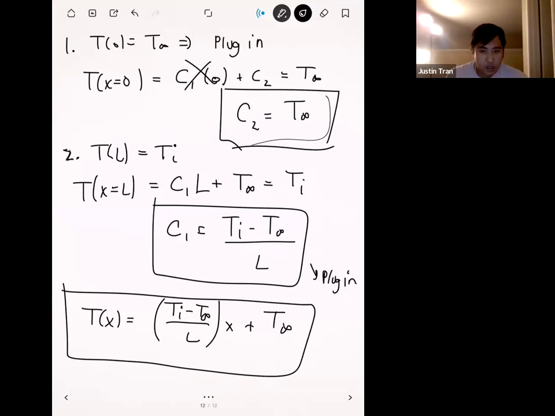This equation expresses what the temperature distribution looks like inside that window pane. Since we have just a linear function here, this tells us that the temperature distribution in the window pane is linear.